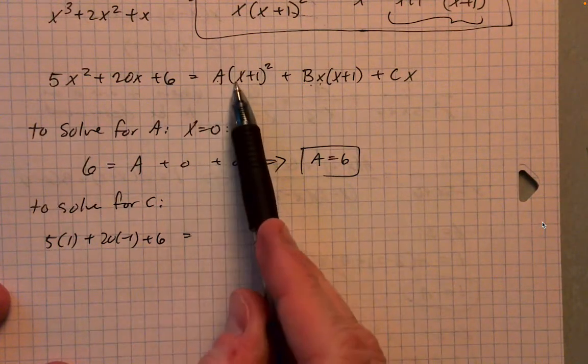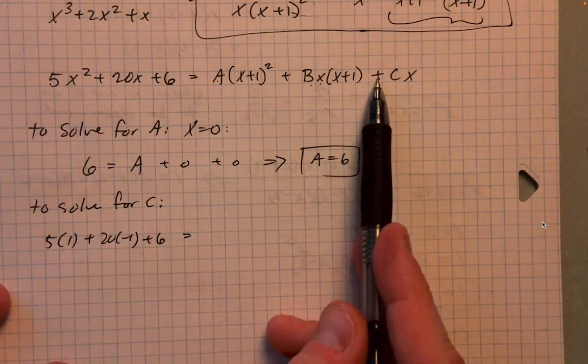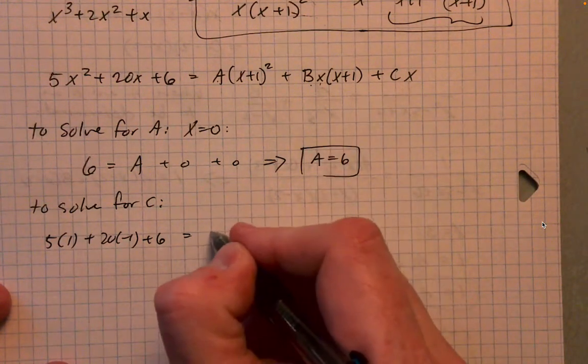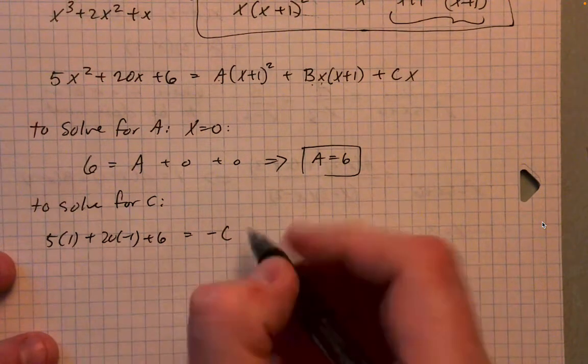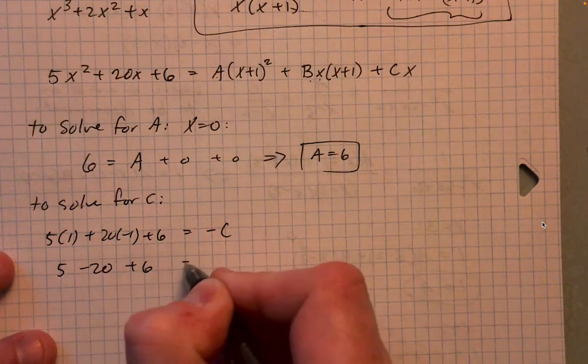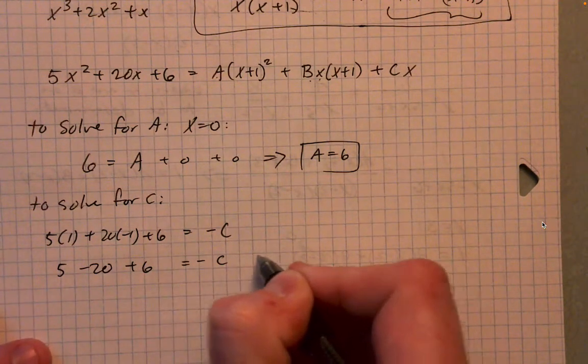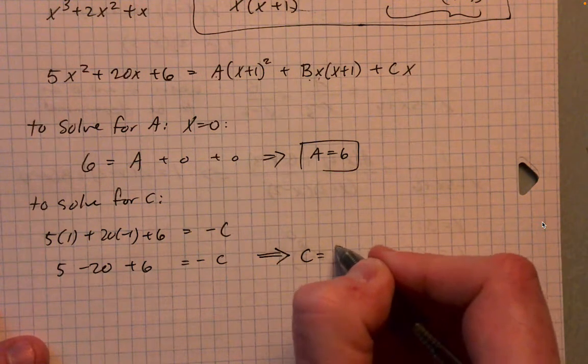And that's going to be equal to 0 plus 0 plus C times -1. So we'll just put -C. Okay, and so that means I've got 5 minus 20 plus 6 equals -C. And so that implies that C is equal to 9.